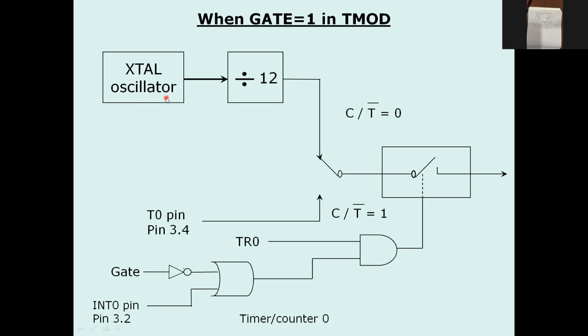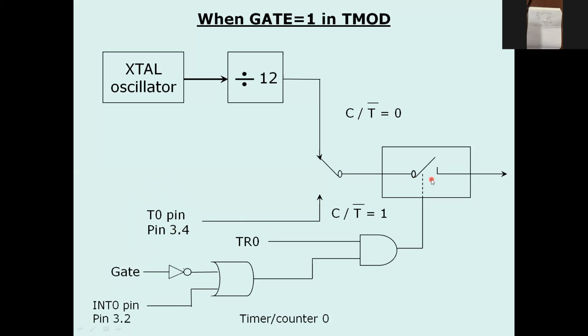If C/T bar is equal to 1, then this switch will be connected to that, and the clock pulse will come from the external event, meaning pin 3.4 and 3.5, the T0 pin. The external clock will be counted.